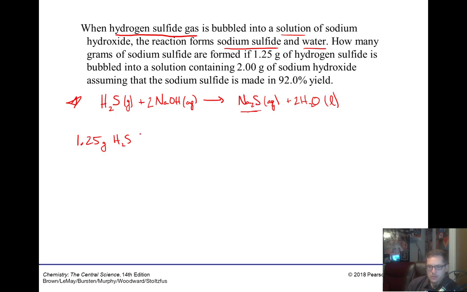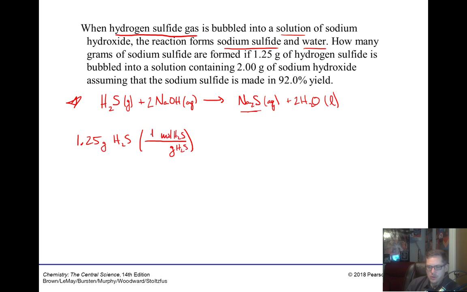We could just take it to moles or to grams, it doesn't really matter. We're going to end up doing the calculation anyway for one of them, so whatever floats your boat. Grams of H2S to moles of H2S.